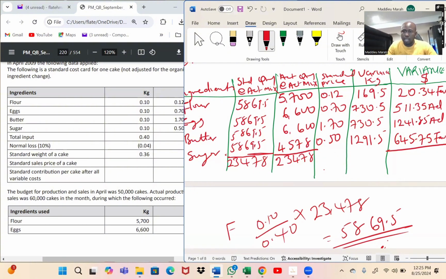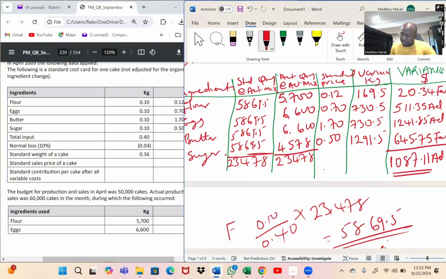My total variance now would be 1087.11. Total variance will be adverse.